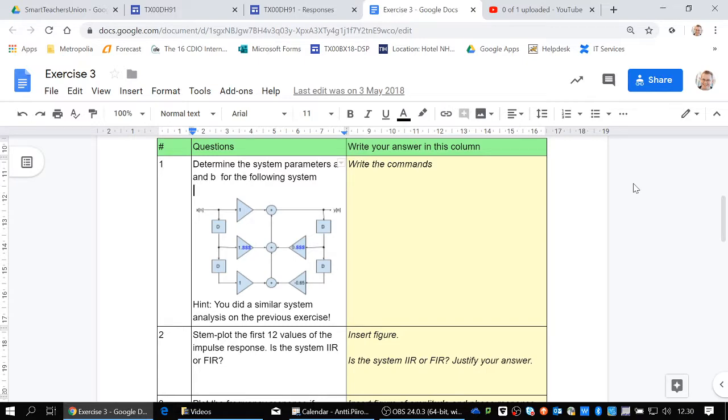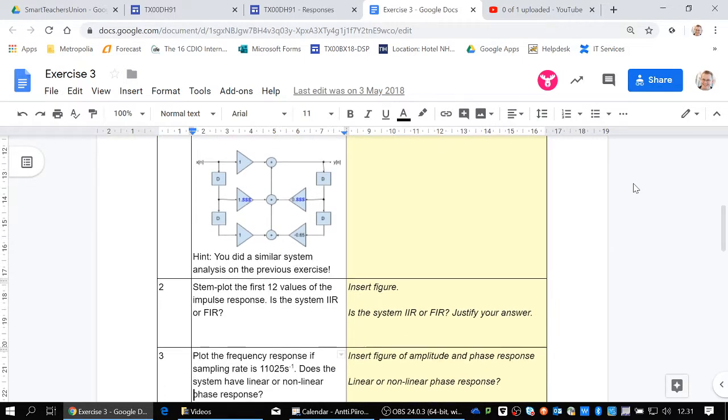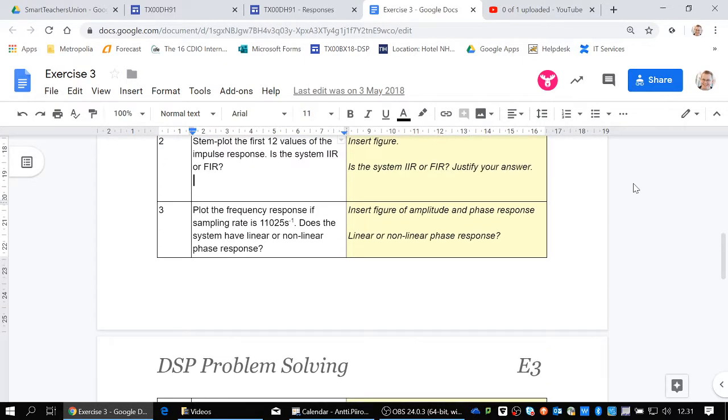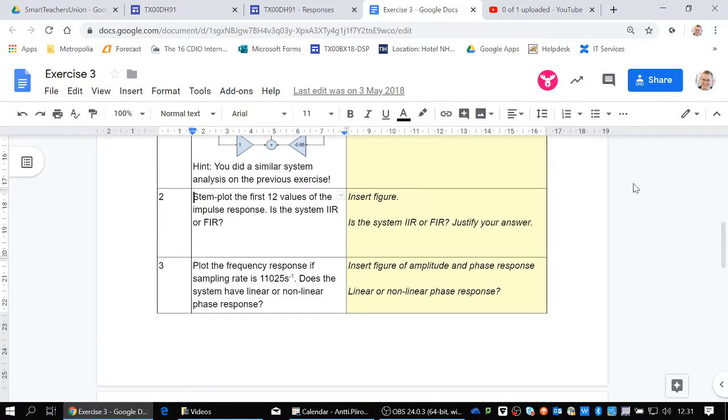Okay, so the questions for the exercise today: the first one is to determine the system parameters. You have done similar system analysis before on the second exercise. And then the second question is about stem plotting the first 12 values of the impulse response and determining if the system is infinite impulse response or finite impulse response.